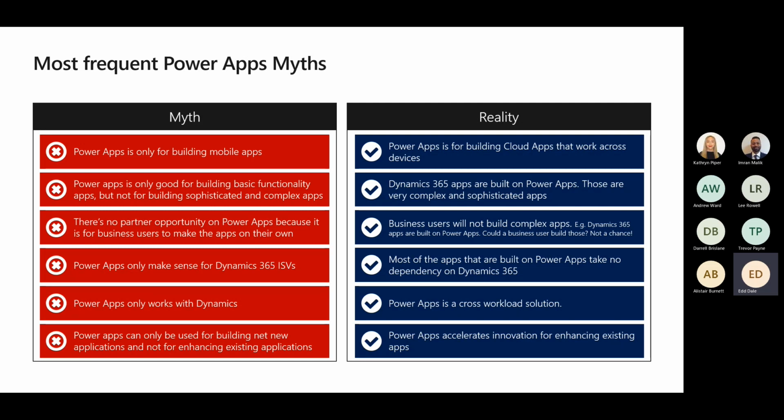Well, no, you can use Power Apps for advancing existing applications. Within tools in M365, you're able to build applications on top of Outlook, or on top of Teams, or some of the applications that exist within Teams, like approvals. So no, you can absolutely enhance existing solutions using Power Apps.